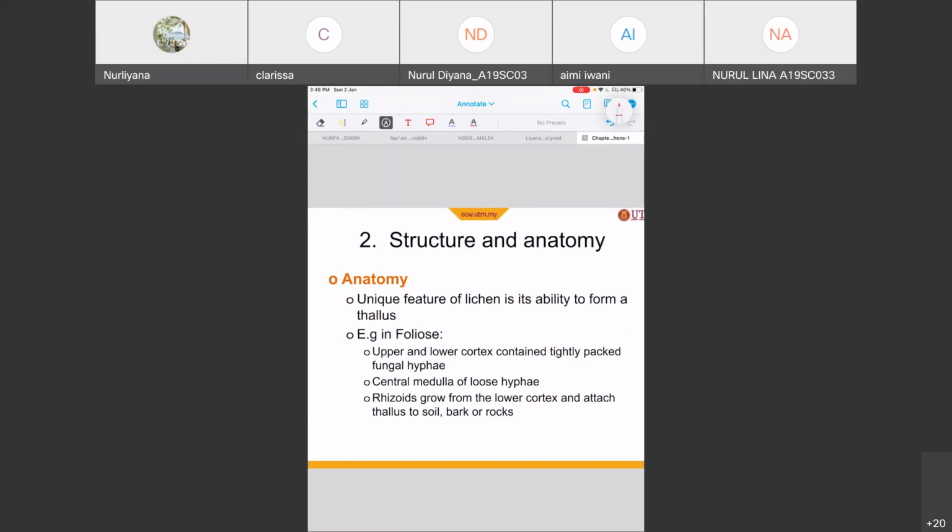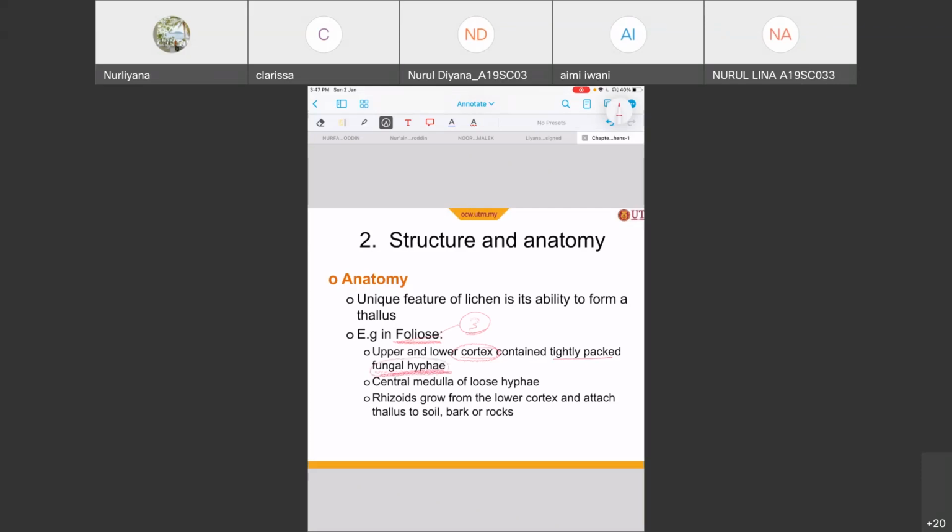When you do a cross section of the lichen, you can see the inside of the lichen, and you can differentiate which structure stage they are in. For example, in foliose, you remember we have 3 types of lichens. The foliose is the leaf-like structure. So they mainly have a cortex, and they are tightly packed with fungal hyphae.